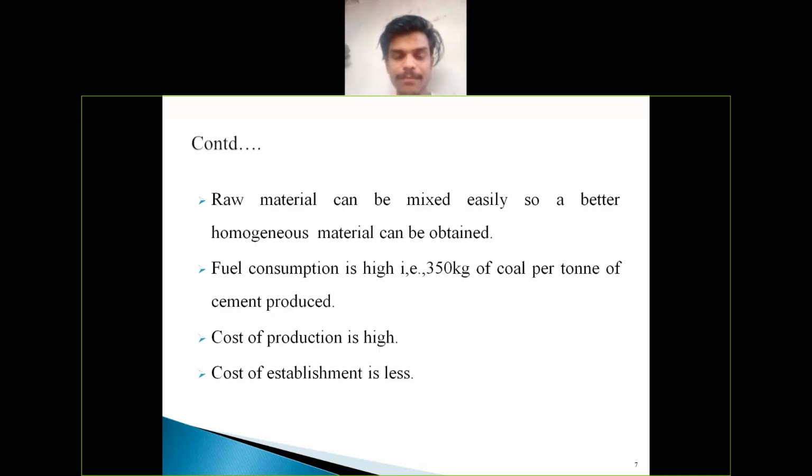Ma'am, next slide. The raw material can be mixed easily, so a better homogeneous mix is obtained. Fuel consumption is 35 kg of coal per ton of cement produced. Cost of product is high and cost of establishment is less. This is the wet process.